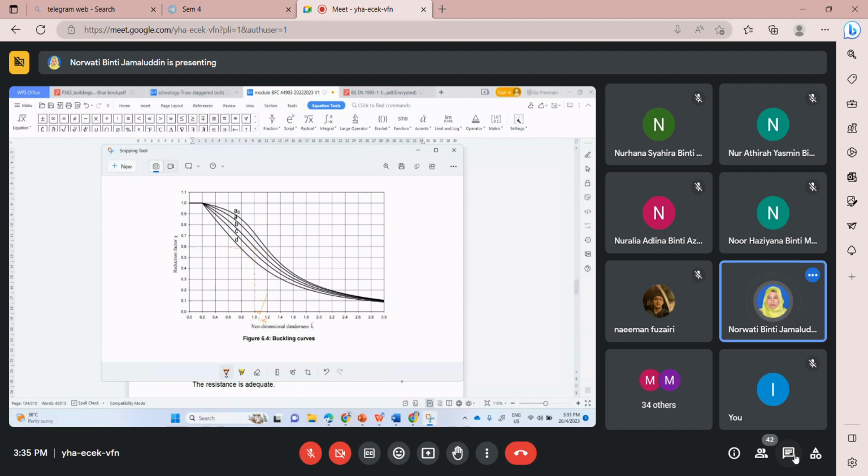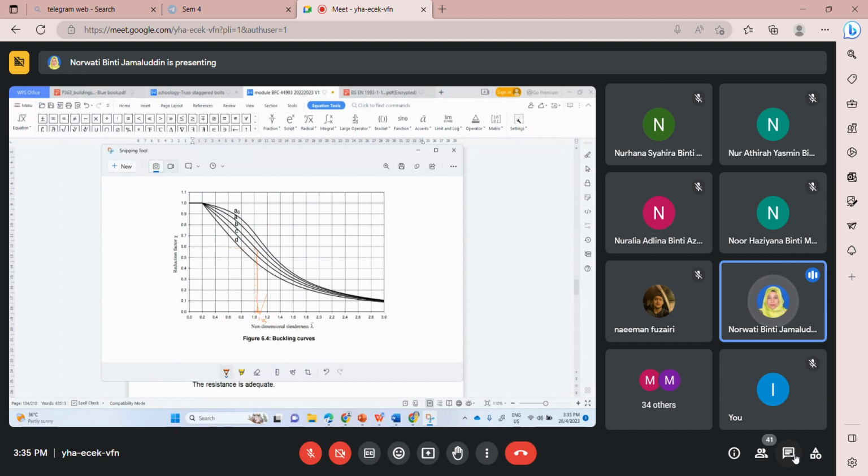Should be here. 1 tolak 1.2, 0.2 divided by 2. Oh, 1.1 is here, in the middle kat sini. Should be here.